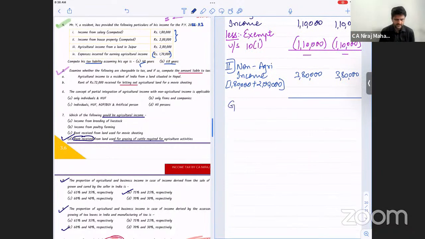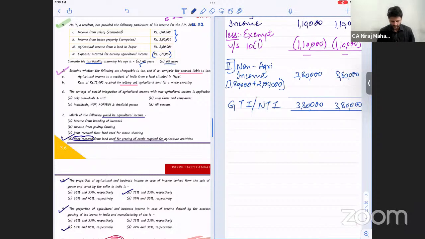But there was GTI, there is gross, then there is nothing to reduce. That's why GTI is NTI. Could you understand or no? How much is my NTI? 3,80,000. Okay. Fine.